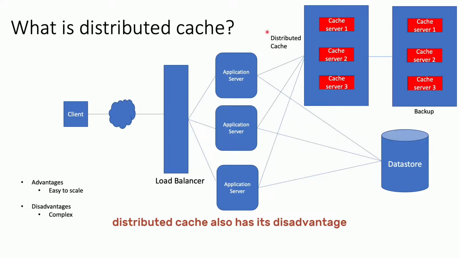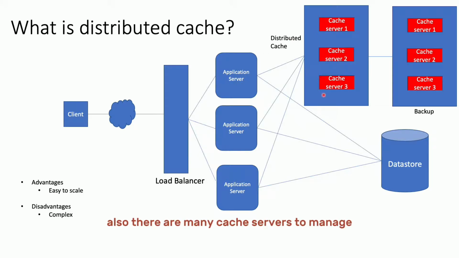Distributed cache also has its disadvantage. That is, it's too complex. For example, when the application server creates cache, it needs to decide which cache server to select to store the data and later to get the data from it.